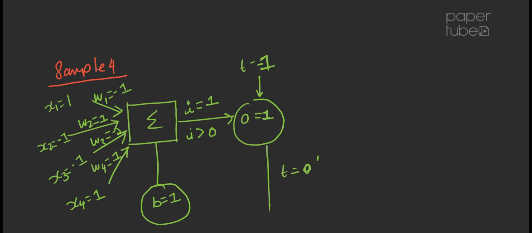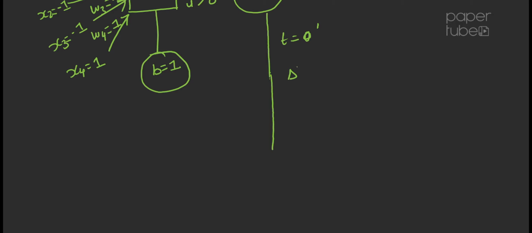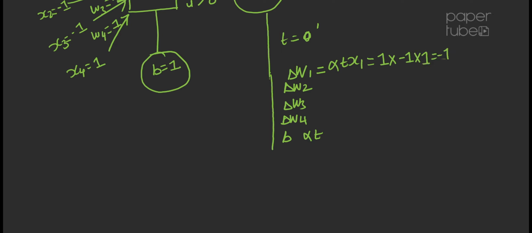So we have to calculate the change in weight for W1, W2, W3, W4, and then your new bias using the same formula: alpha t for delta W1 is alpha t multiplied by x1. This is 1 multiplied by t, which is minus 1, multiplied by x1 equal to 1, that makes it minus 1. Similarly for W2 you get a value of 1, delta W3 you get a value of 1 again, delta W4 you get a value of minus 1.